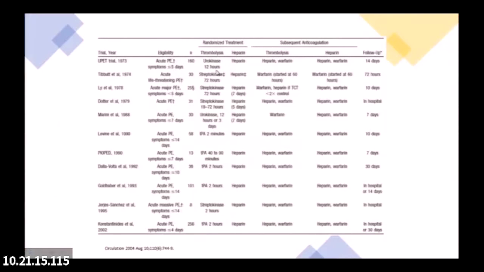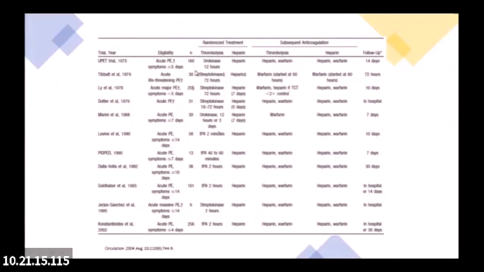However, when we look into those trials, the majority of them were done in the 1970s, and none of them used TPA. The first one was using urokinase, the other ones used streptokinase, even this one is streptokinase. So none of them were using TPA. That's number one thing we need to pay attention to.